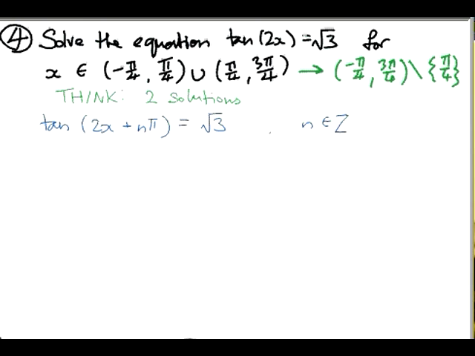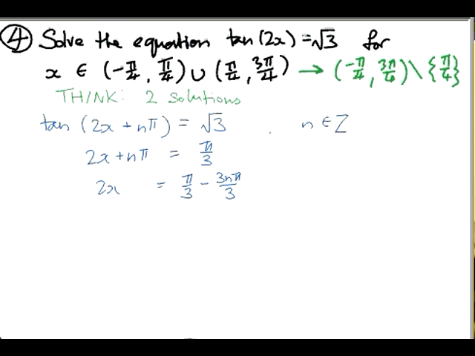From the unit circle, you'll know that 2x plus n pi is equal to pi on 3, right? Because tan of pi on 3 is equal to root 3. Okay, so then you just solve for x. So you get 2x equals pi on 3 minus n pi. Now, make your life easy, I'm going to say 3n pi on 3.